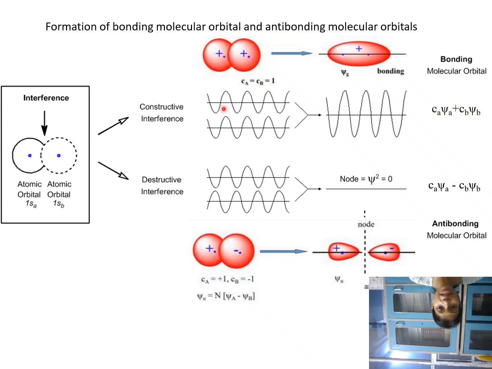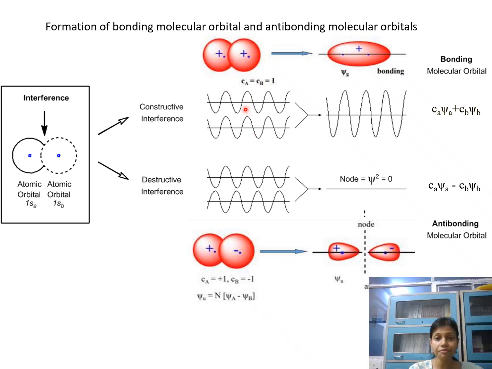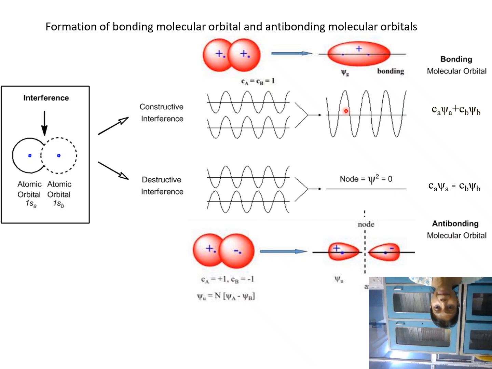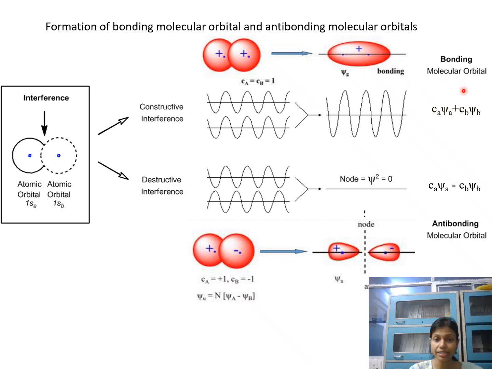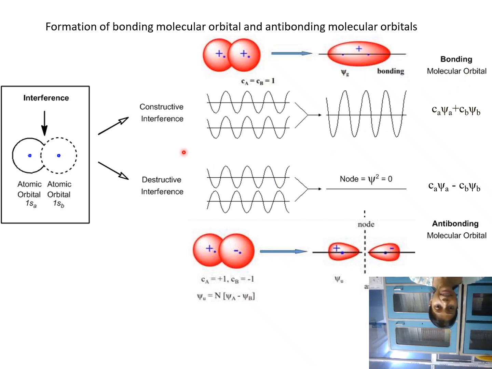So if this is plus, this is also plus. As their phase is matching, the amplitude of the wave will increase, and therefore it will increase the electron density, and it will form a bonding molecular orbital, and this is called constructive interference.